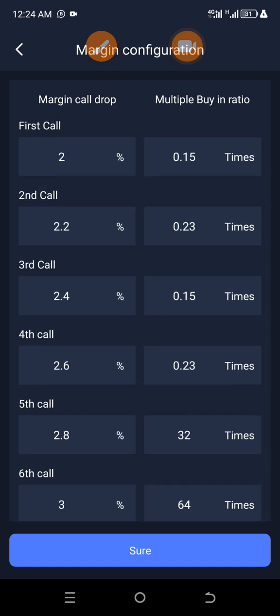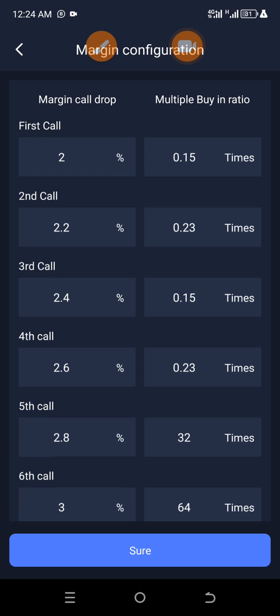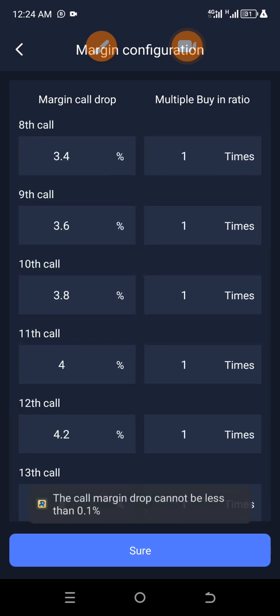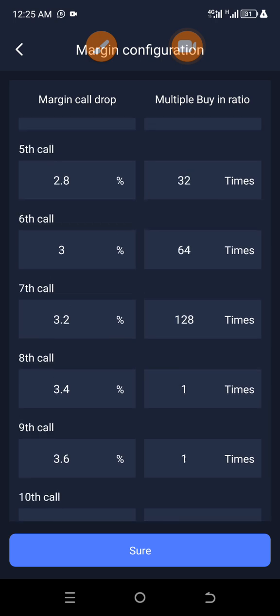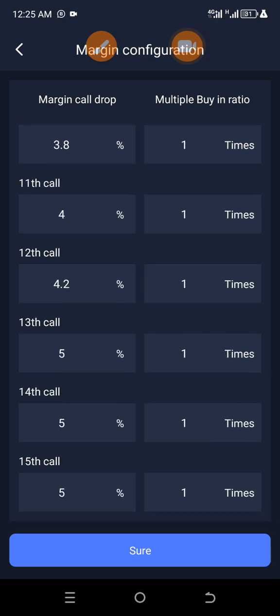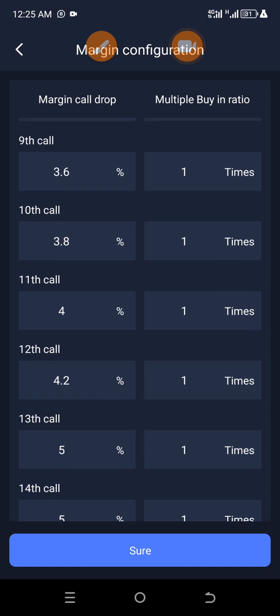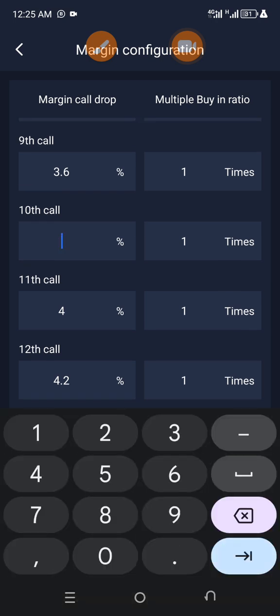It seems I've made a mistake. It seems there's a mistake somewhere. I think there's 3.8. Fine.